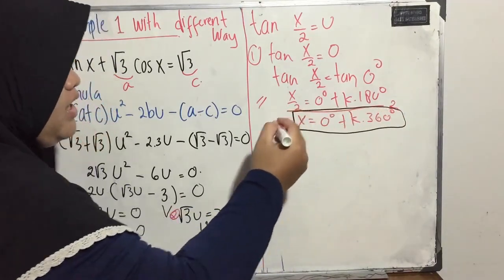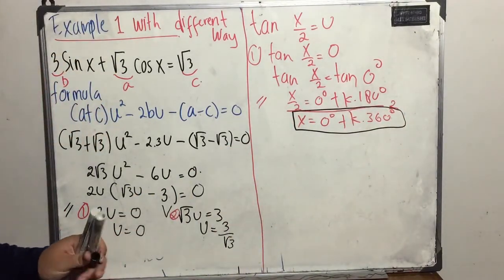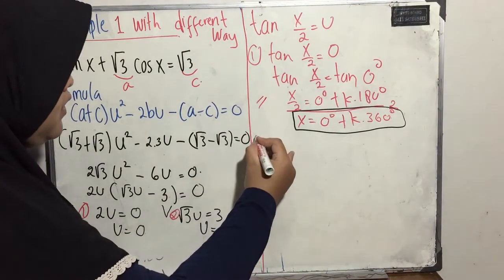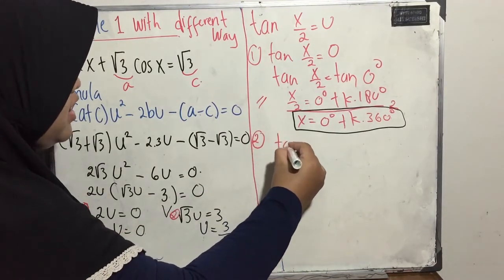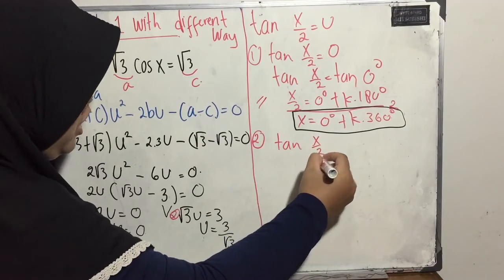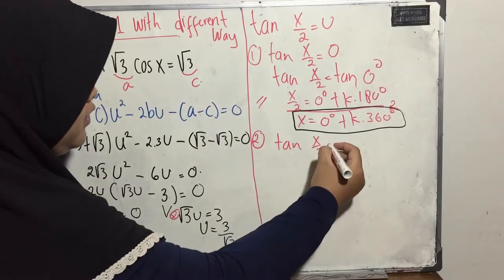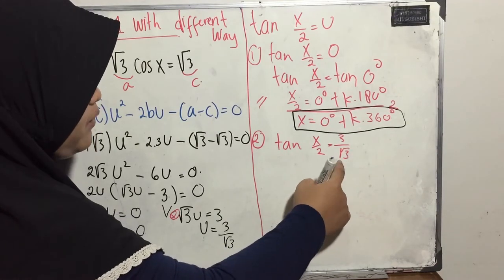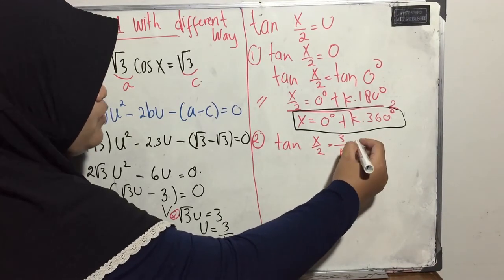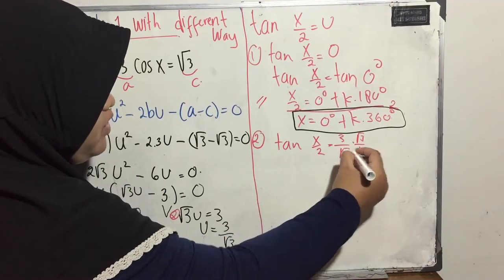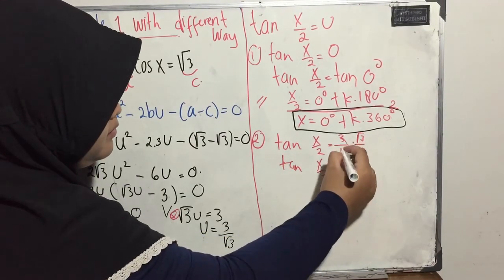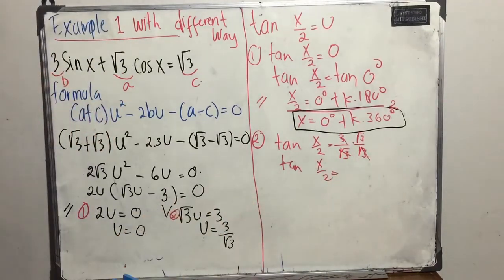Okay, and then I will continue to number 2. Number 2 is tangent x over 2 equals 3 over square root of 3. We can multiply this by square root of 3 over square root of 3. So the result is tangent x over 2 equals square root of 3.